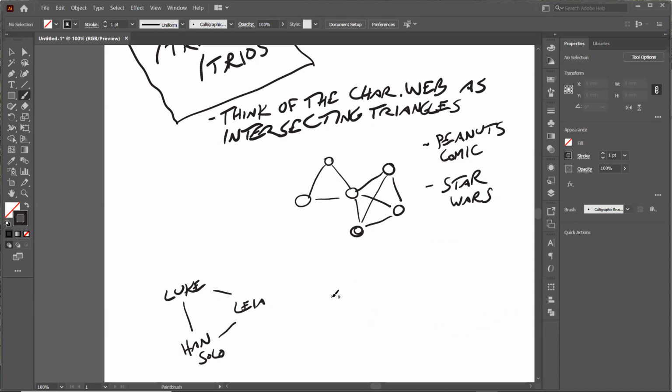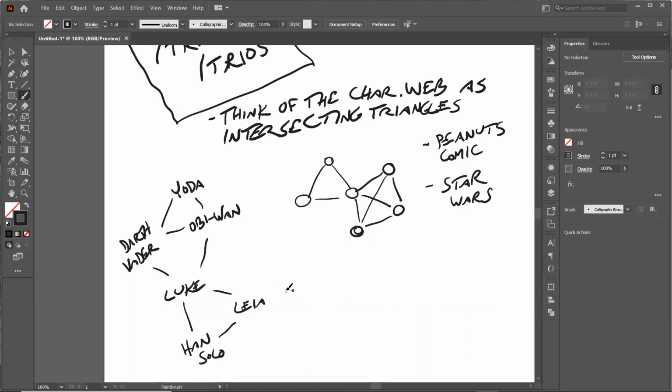Or then Luke has different kinds of mentors. There's Obi-Wan, who's later replaced by Yoda. And then there's Darth Vader, who's also kind of a mentor for Luke, but in another way than Obi-Wan or Yoda. And of course, these 3 characters, Yoda, Obi-Wan, and Darth Vader, form their own triangle.